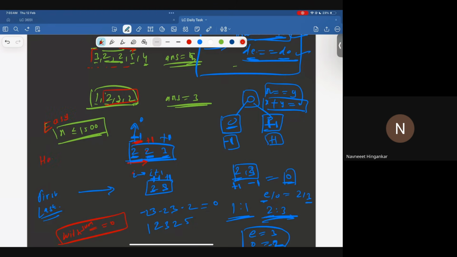The hard one is basically n less than equal to 10 is to 5, right? So 10 is to 5 is very huge. Here an n square solution was acceptable. Here it is not. We can't use the n square solution for n less than equal to 10 is to 5, right? So what do you think? What should I do in this task?